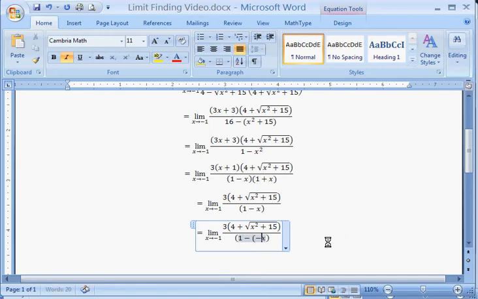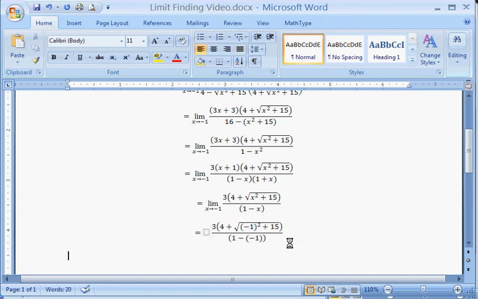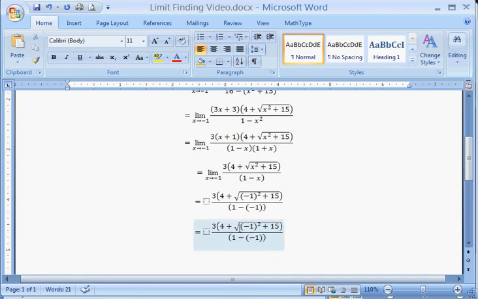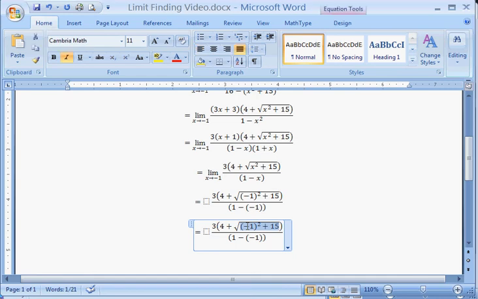Now, what would happen if I substituted in a -1 for x up there, and a -1 for x there? Well, I'll take out my limit because I've just applied that limit. That would give me -1 squared is 1 plus 15, that's 16.